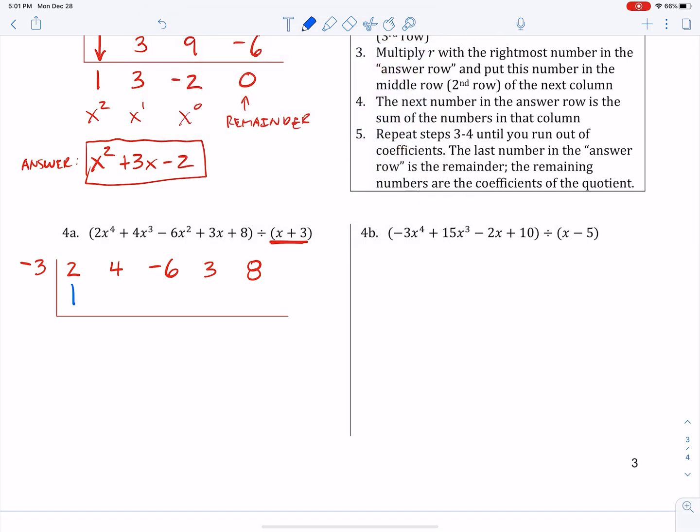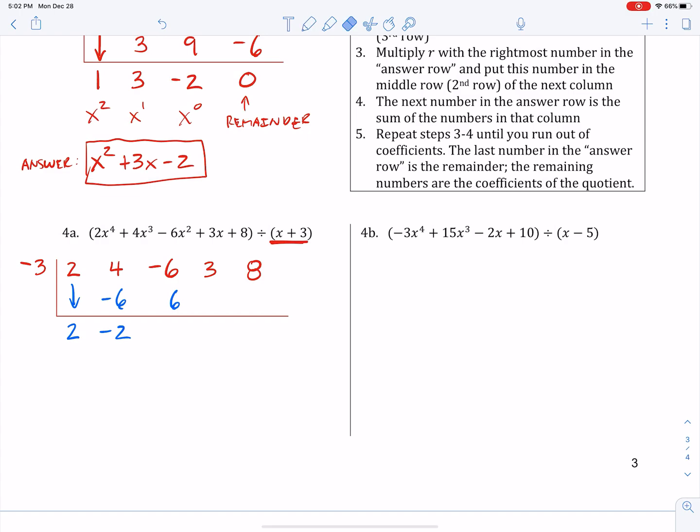We're going to bring down our 2. 2 times -3 is -6. 4 plus -6 is -2. -2 times -3 is, oh, I'm sorry, that's a positive 6.